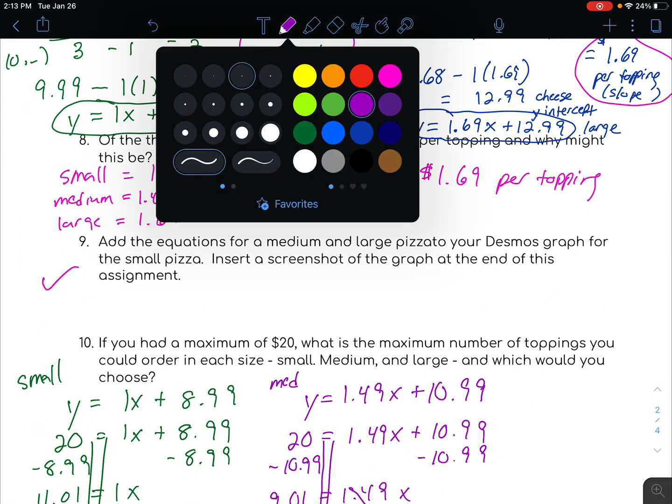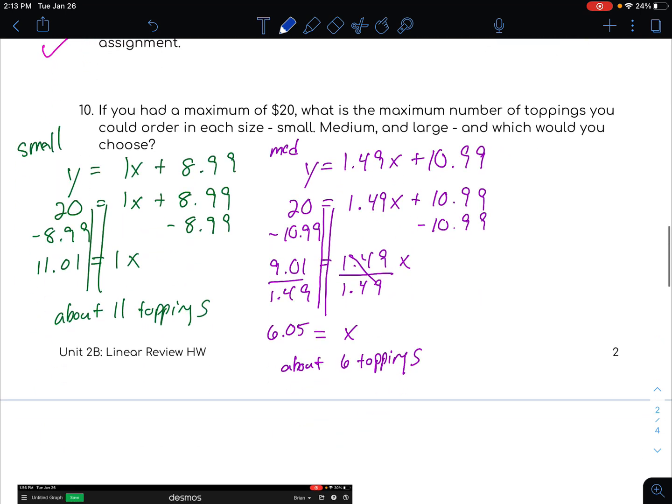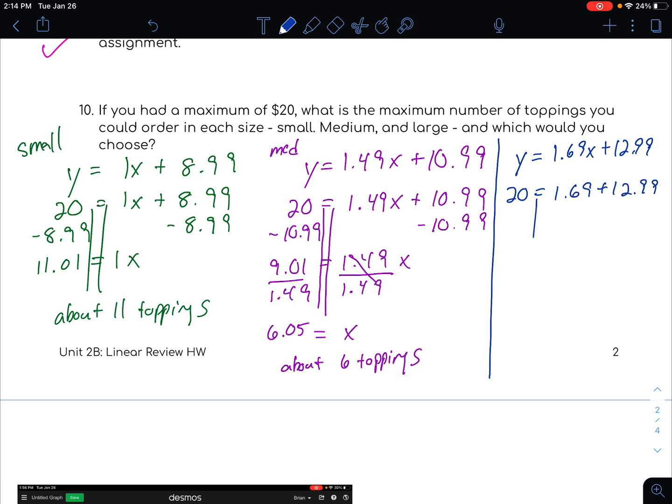All right, so my large, let's see, I guess that was blue. To write a little bit smaller over here. So my large was 1.69x plus 12.99. Let's put in $20 and see how many toppings that gets us. So we'll solve this. Put 20 in for y. Undo the addition by subtracting 12.99 from both sides.